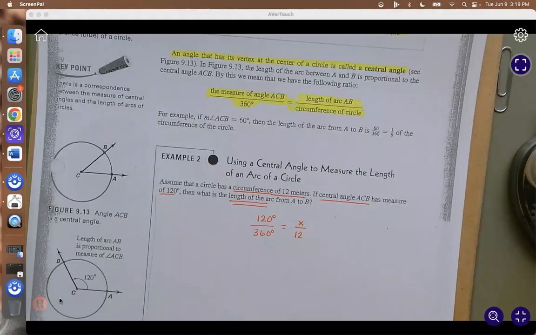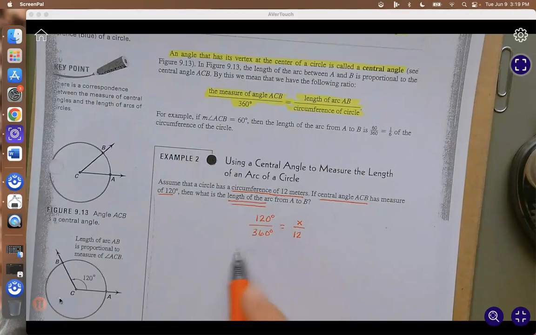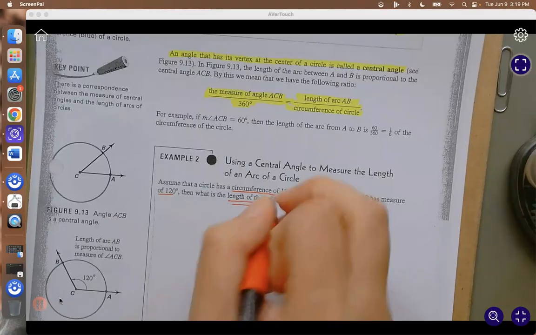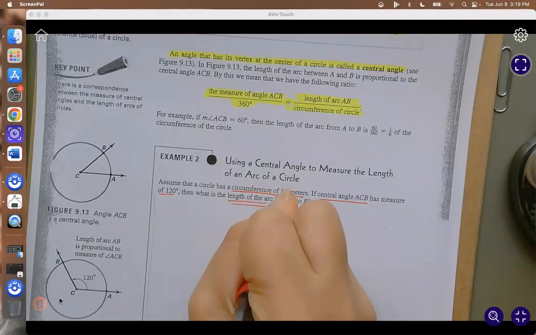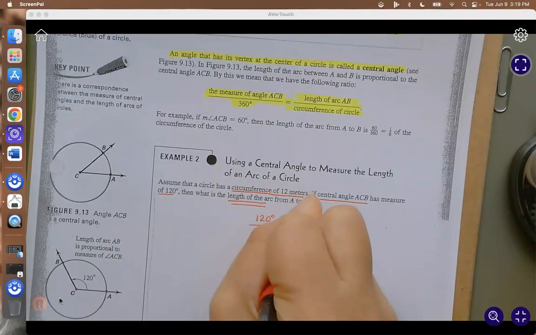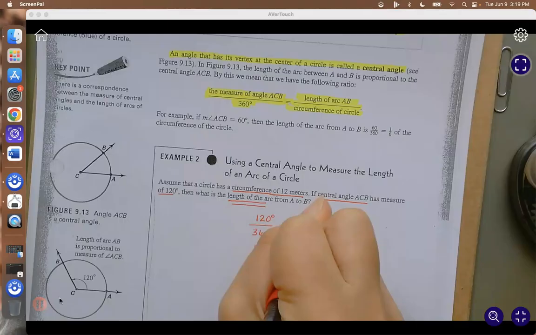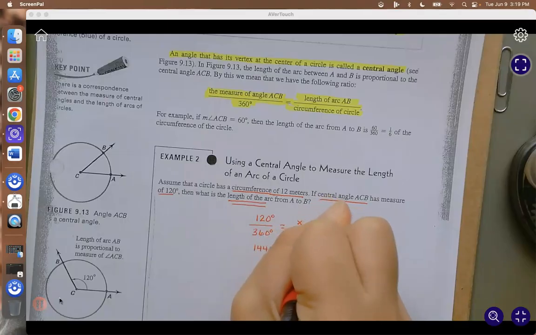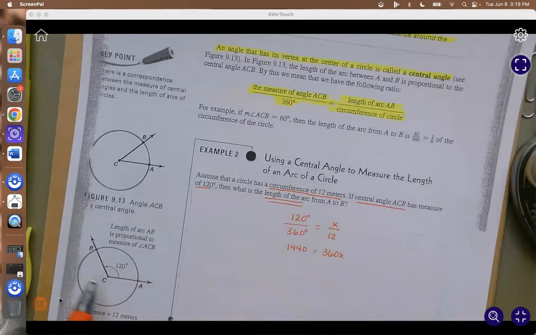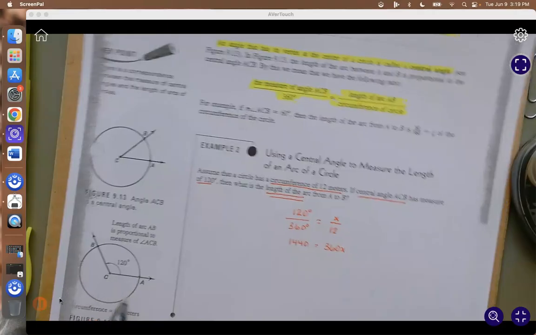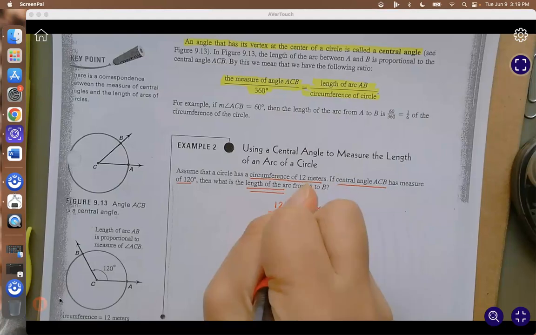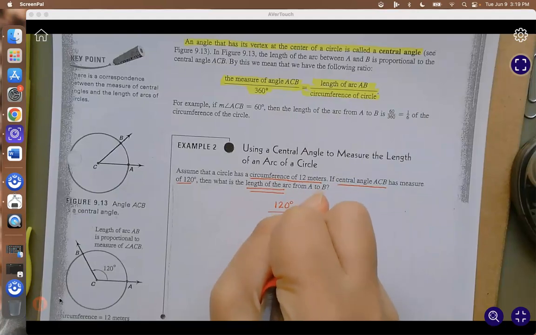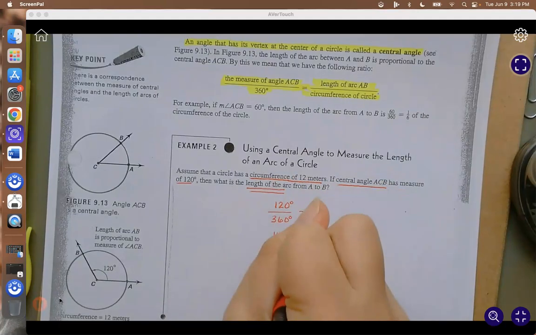Now we just do the butterfly method and solve. So 12 times 120 is 1440. 360 times x is 360x. Then we divide by 360, and the answer is 4.